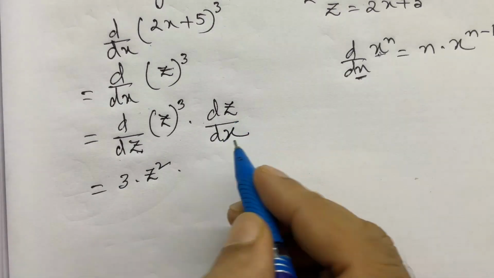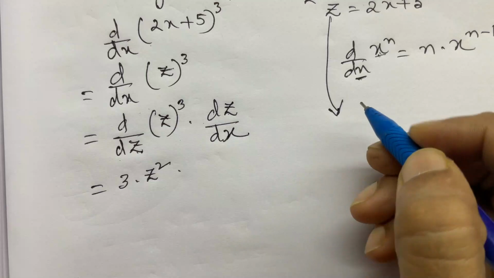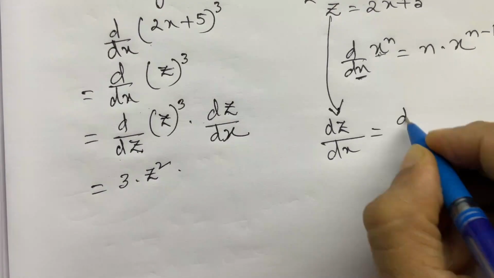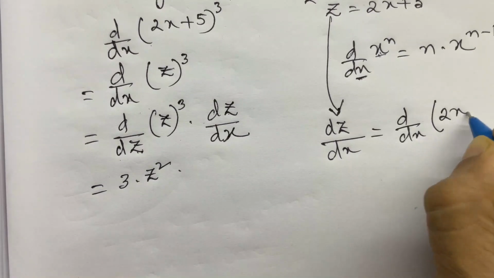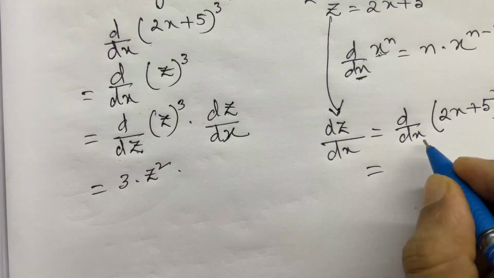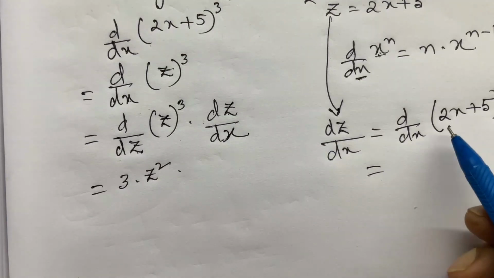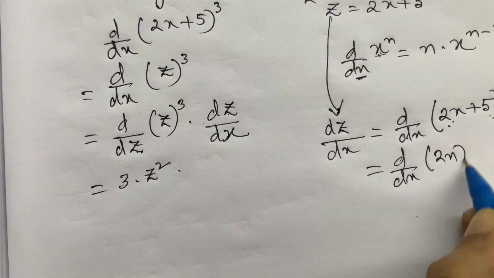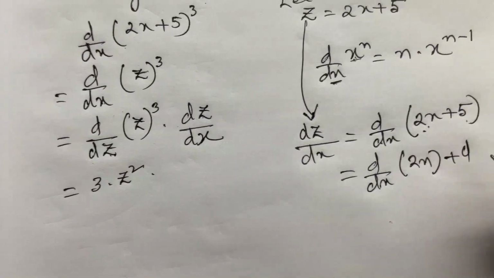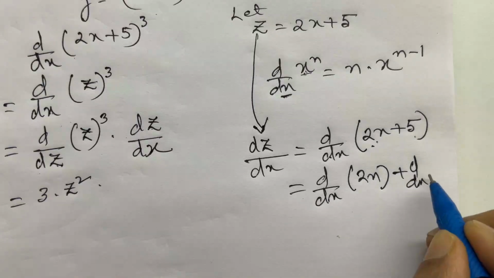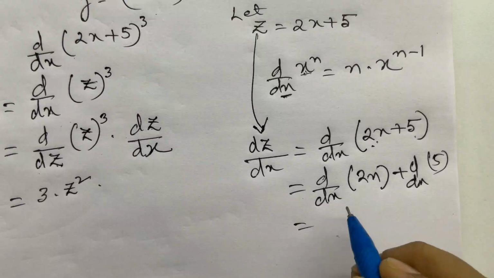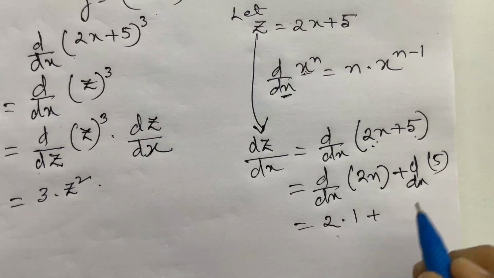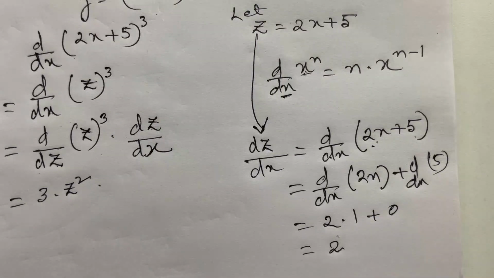Now dz by dx. From here, dz by dx means d/dx of 2x plus 5. As per the summation law, this d/dx can be applied here. So d/dx of 2x and d/dx of 5. d/dx of 2x is 2 into dx by dx, which is 1, and this is 0. So this is basically 2.